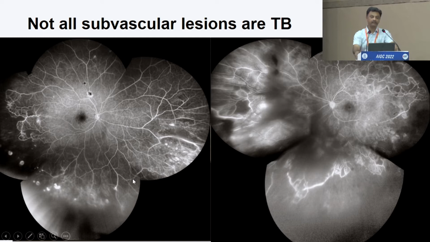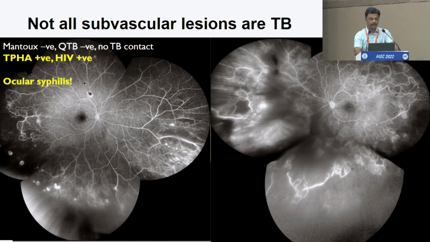Now, when we investigate this patient for tuberculosis, we find that the Mantoux test is negative and the QuantiFERON is negative. There is no history of TB contact. However, we find that the TPHA is positive and the patient is also HIV positive. We diagnose it as ocular syphilis and treat it with benzyl penicillin for ocular syphilis.